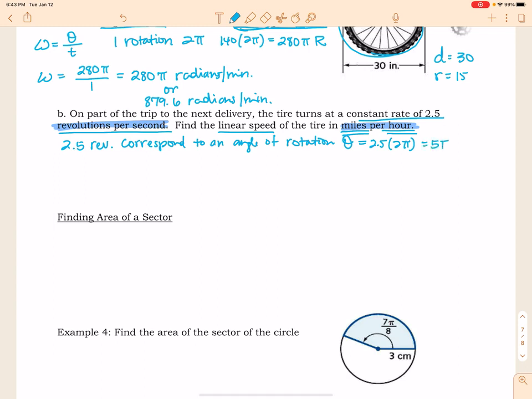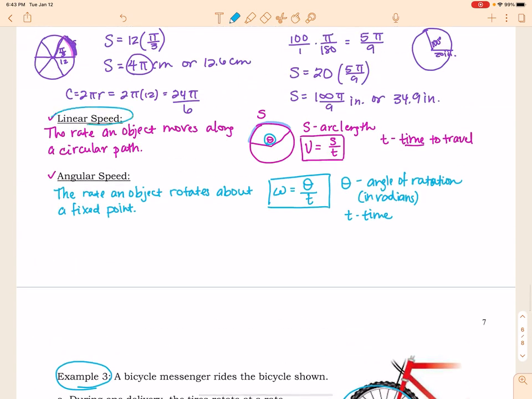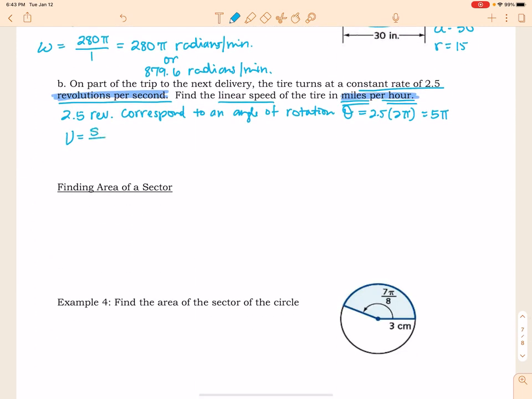So that's going to give me 5 pi there. So now I am going to set up my equation. I know my equation for linear speed is right up here. Okay, so linear speed is going to be S over T.